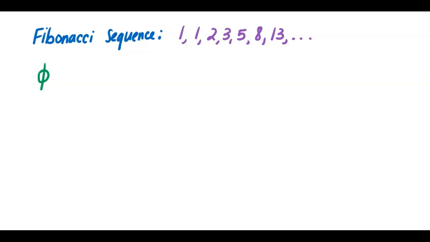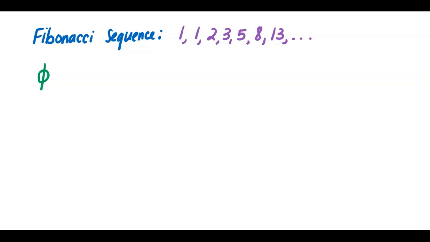Some of you may already know about the Fibonacci sequence, but for some of you it may be the first time you've ever seen it. The Fibonacci sequence is what's called a recursive sequence because every term of this sequence is defined by the previous terms. You may recognize that the way you get the next term is it's the sum of the two previous terms.